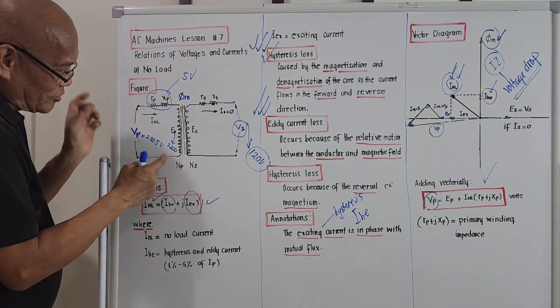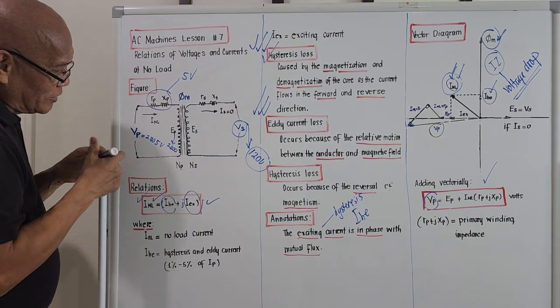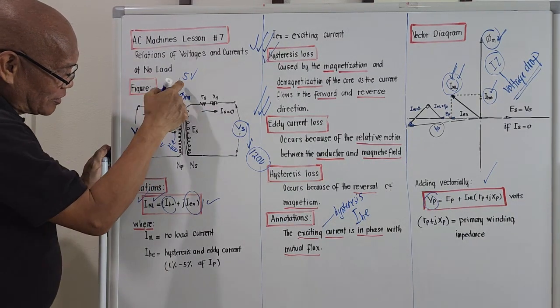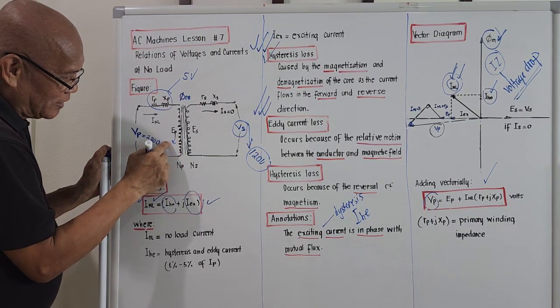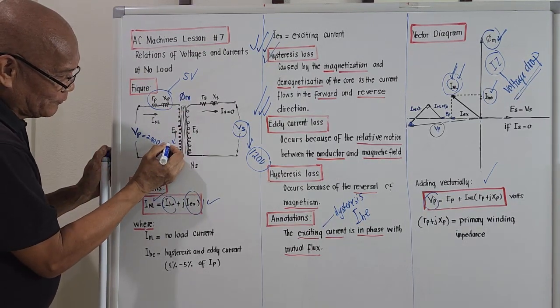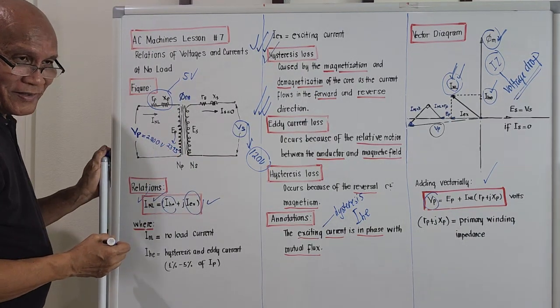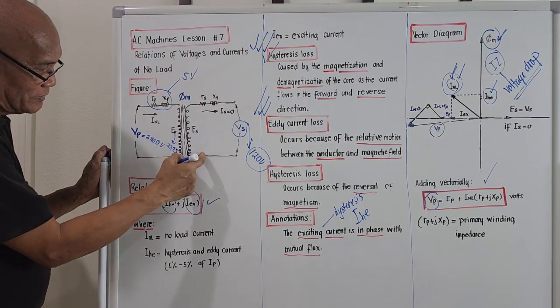If this is only 2400 and there is a drop of 5 volts here, what will come out will be 2395, right? It is not exactly 2400.